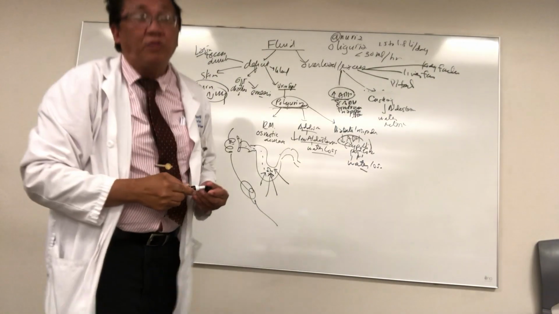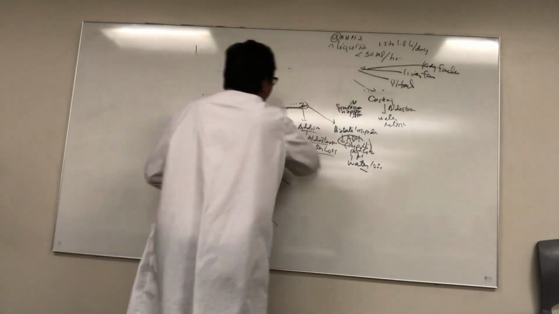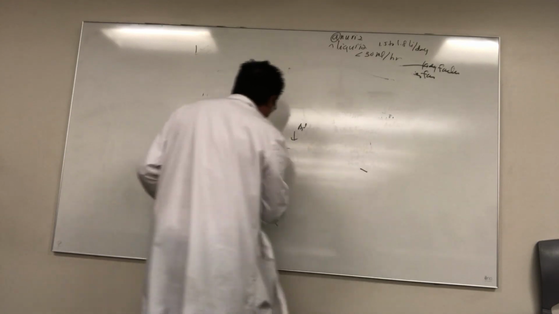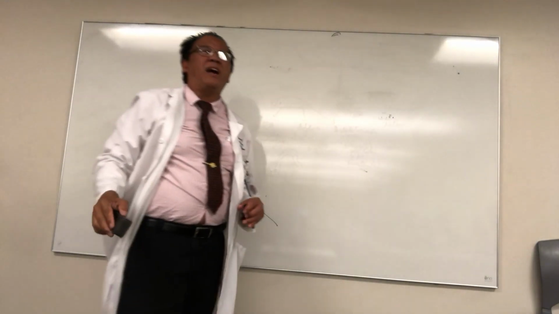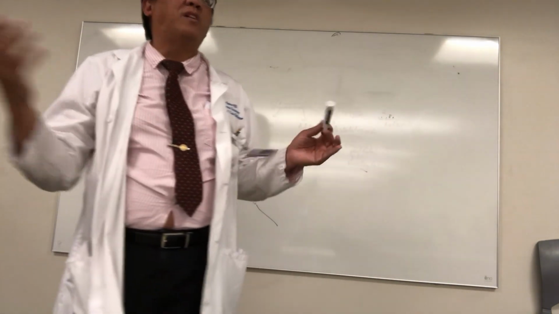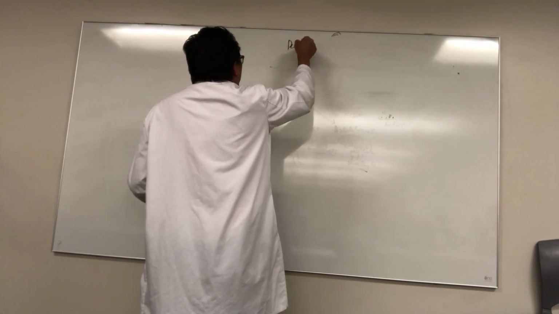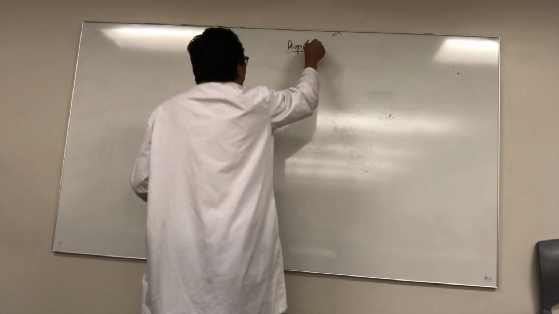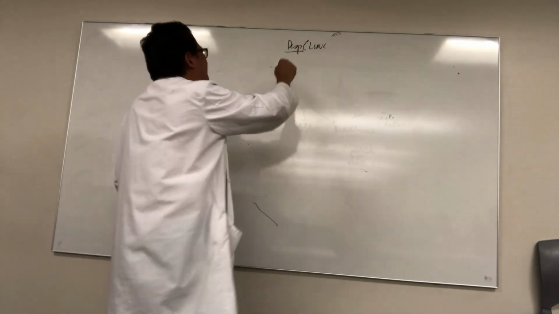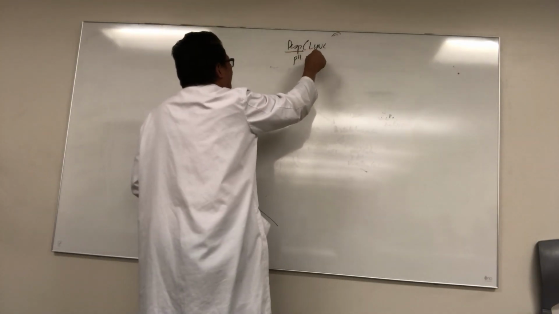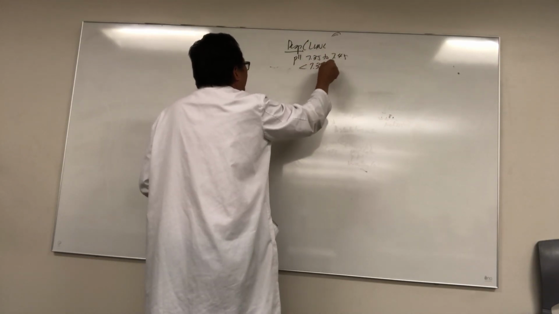Do you understand, class? Now let's go to acid-base disorders. It's simple. Why would it be simple? What does respiratory acidosis and alkalosis mean? It involves what organ? Respiratory conditions. So it involves the lung, right? So what's the normal pH of blood? 7.35 to 7.45. If it's less than 7.35, it is what?